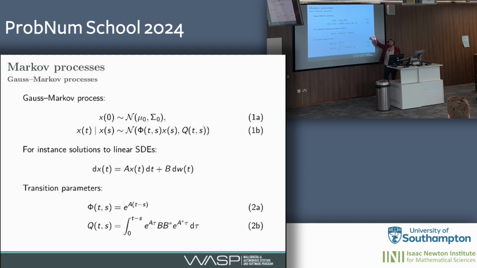So a continuous time random walk that is Gaussian. In that case, the transition parameters are given by matrix exponentials for the transition matrix, and then you have what they typically call the controllability Gramian for the transition covariance.